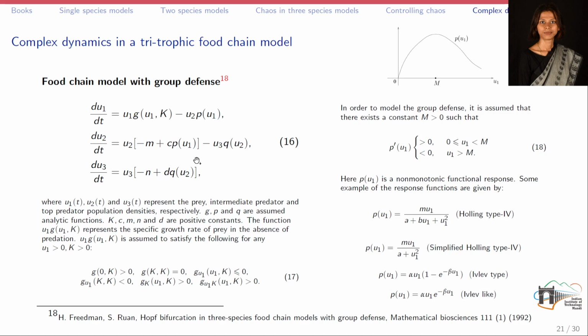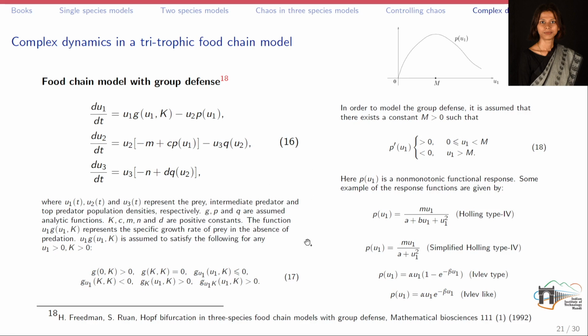What has been seen in the literature is that the Holling type 4 functional response, the simplified Holling type 4 functional response, the Ivlev type functional response, and the Ivlev-like functional response are all being used to model group defense in the prey population.